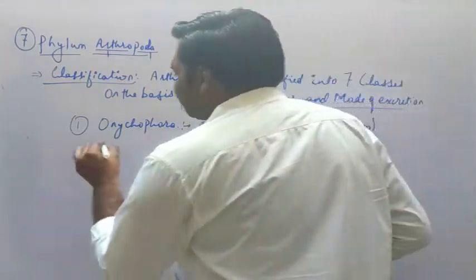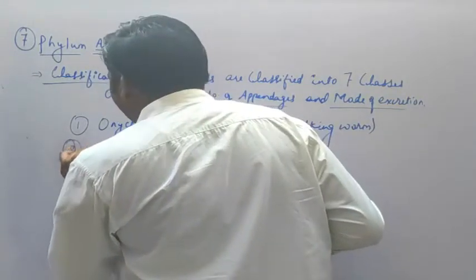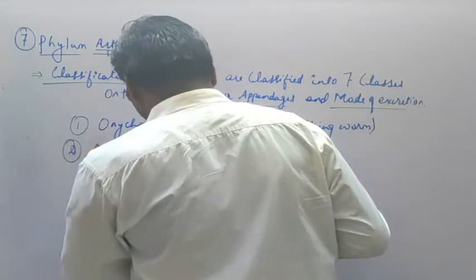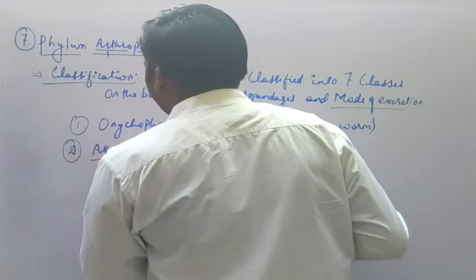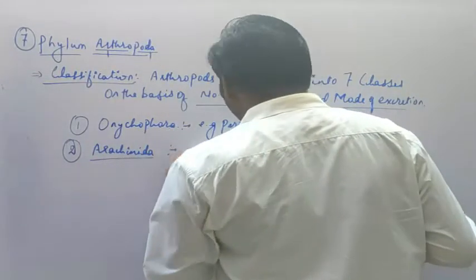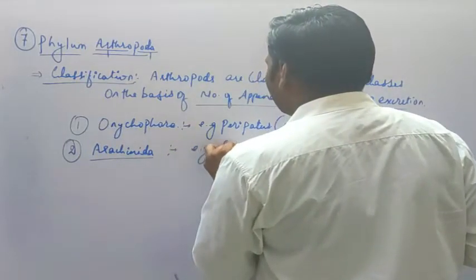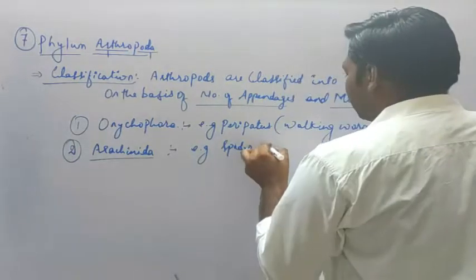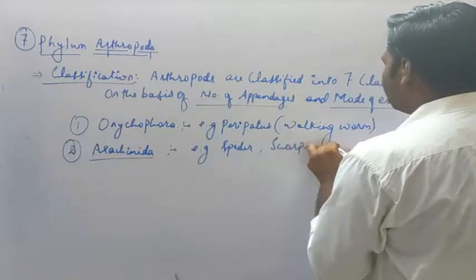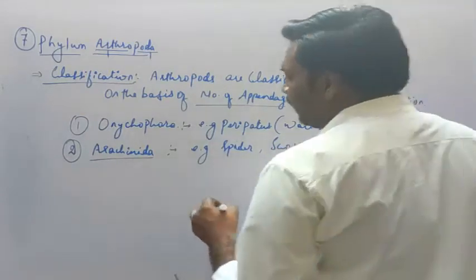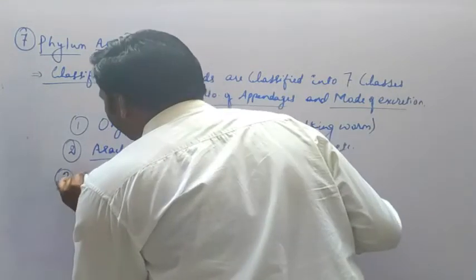The next, second class is Arachnida. In Arachnida, we will discuss examples such as spider, then scorpion, etc. Then next is Crustacea.